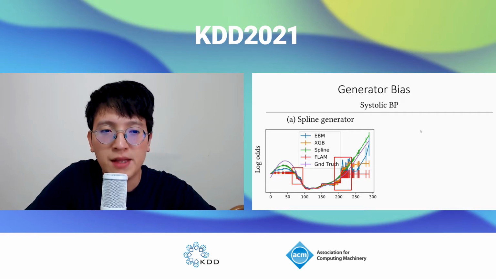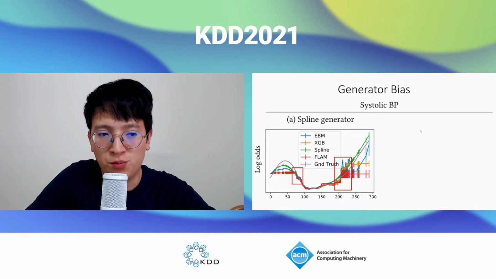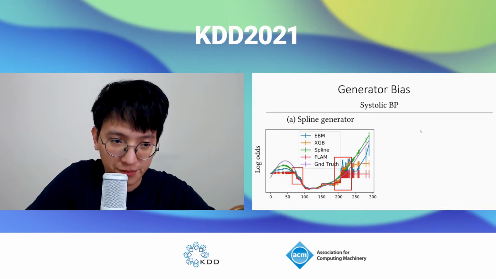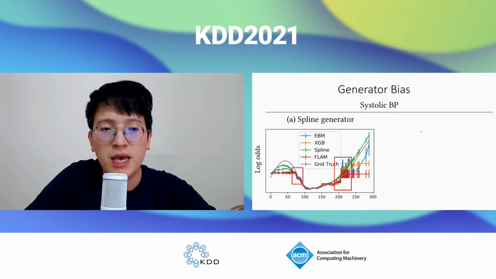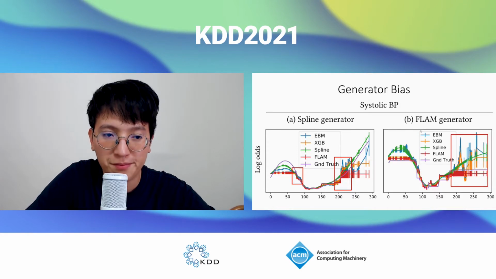And the second thing we find is that even when the ground truth is smooth in purple, other GAMs like EBM, XGBoost, and FLAM still learn sharp jumps in this data, showing that the shape graph of GAMs is highly affected by their own inductive bias, as shown in the red box here.